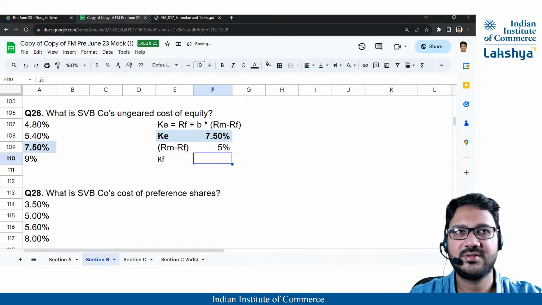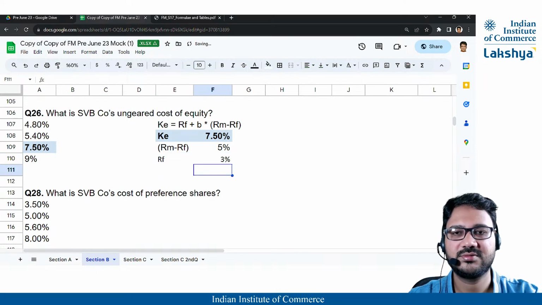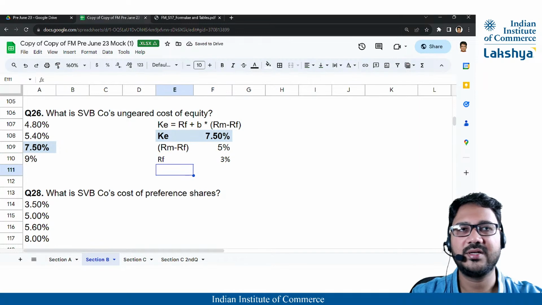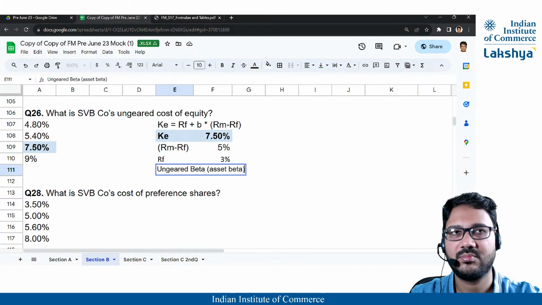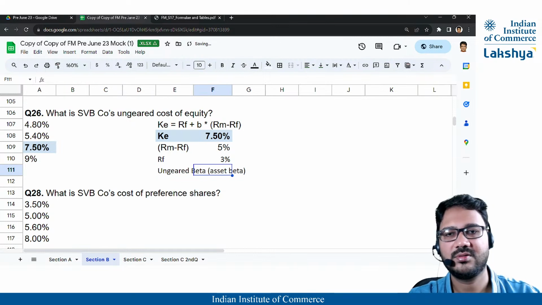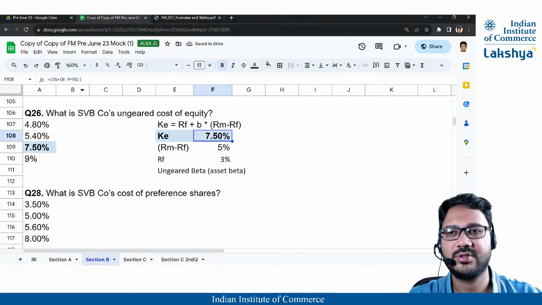Risk-free rate is 3%, and the ungeared beta, or the asset beta, is 0.9.